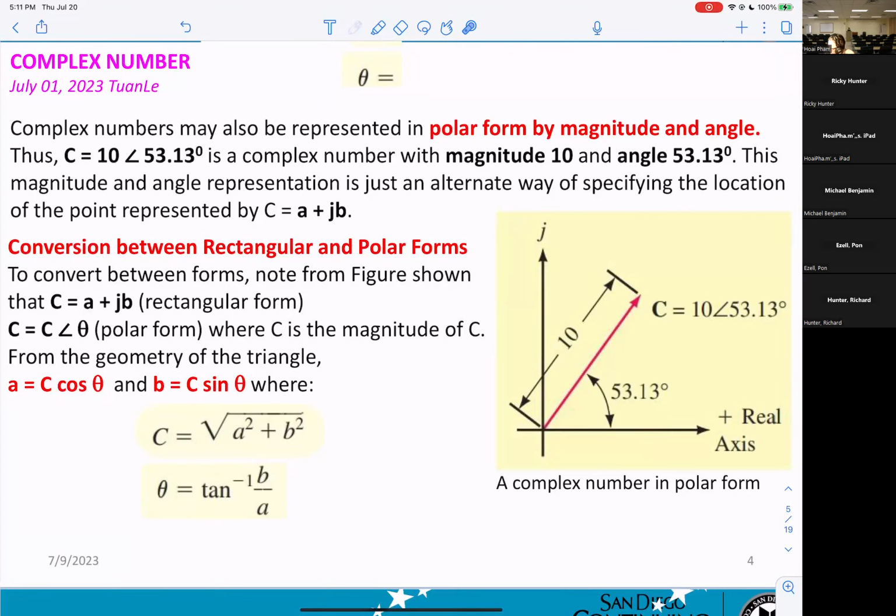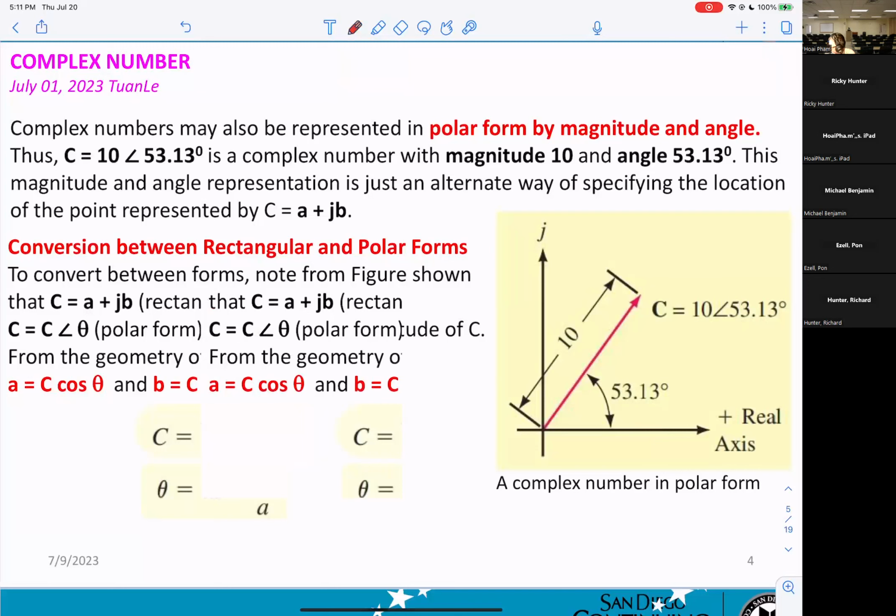If you go down here, that will be A. You go on the other side, that will be B. So for a triangle here, if you want to calculate C, it equals the square root of A squared plus B squared.